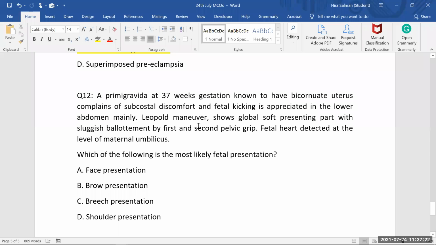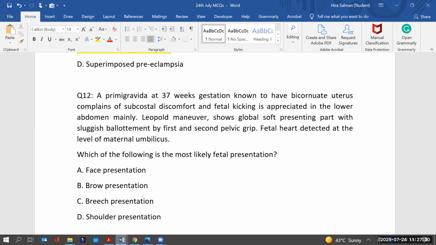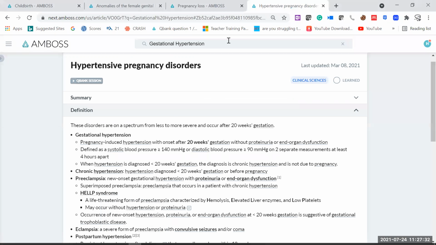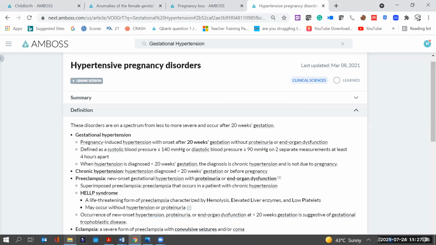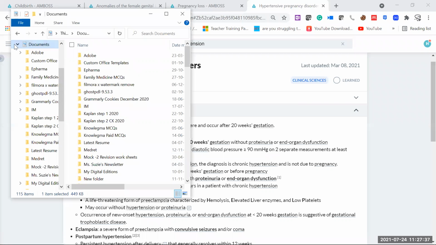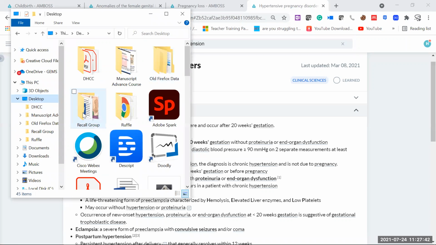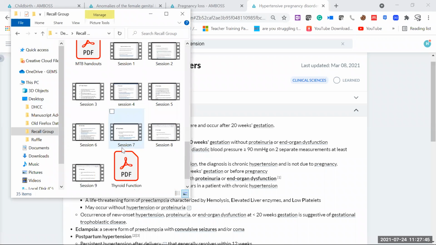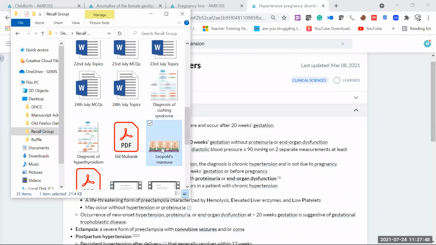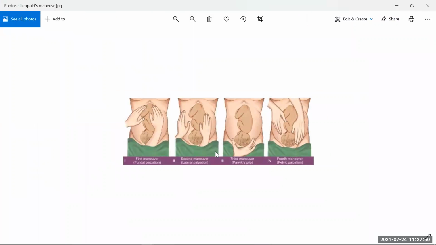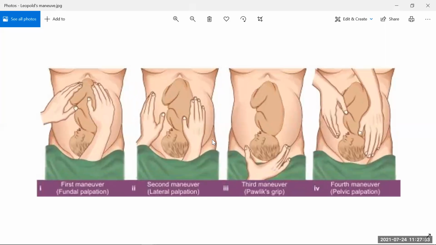See here the Leopold maneuver done, and it shows a globular soft presenting part with sluggish ballottement by the first and second pelvic grips. Let me show you these grips first, as it will give you a nice clue. I have downloaded one image for you. This is a Leopold maneuver: how we check the grips and the position of the baby by per abdominal examination.